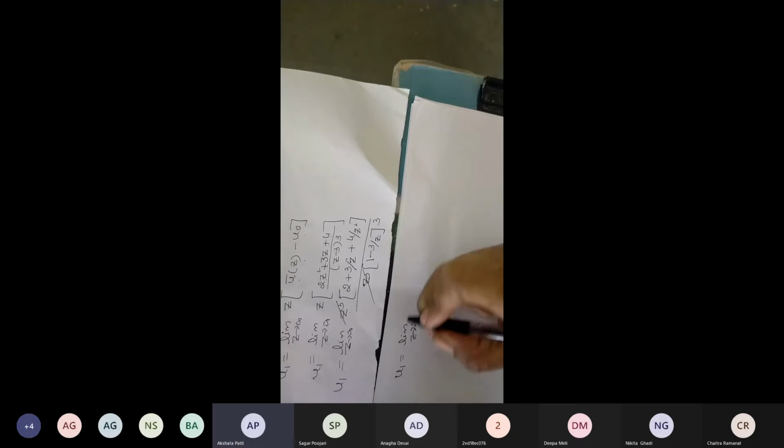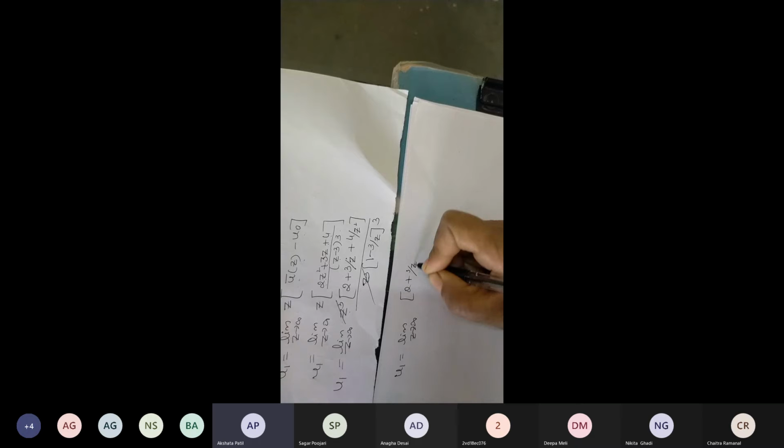Now this z cube gets cancelled. So u1 is equal to limit z tends to infinity of 2 plus 3 by z plus 4 by z square divided by 1 minus 3 by z the whole cube.